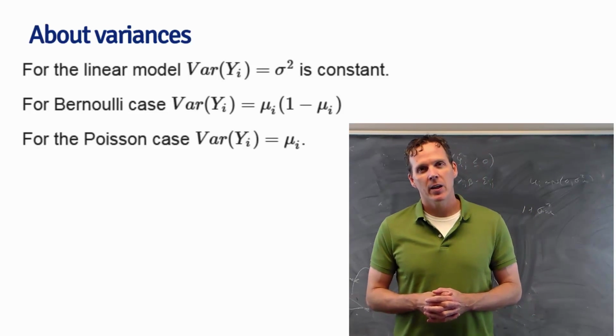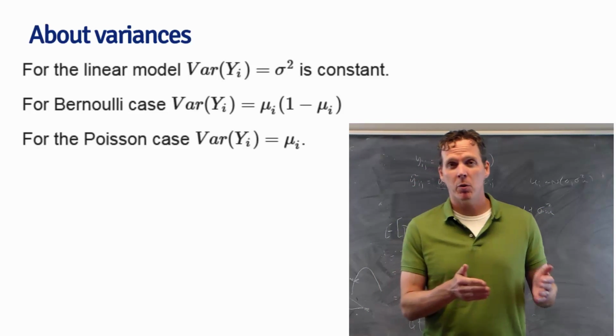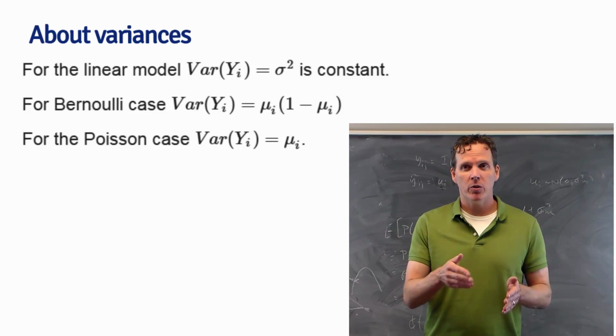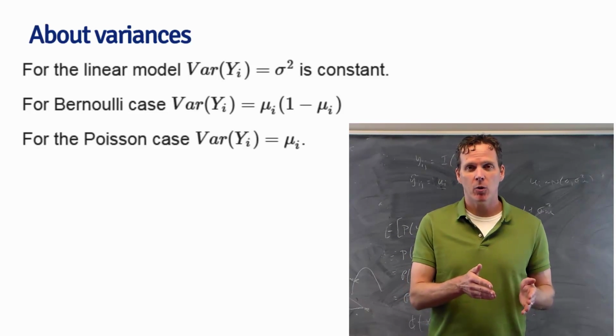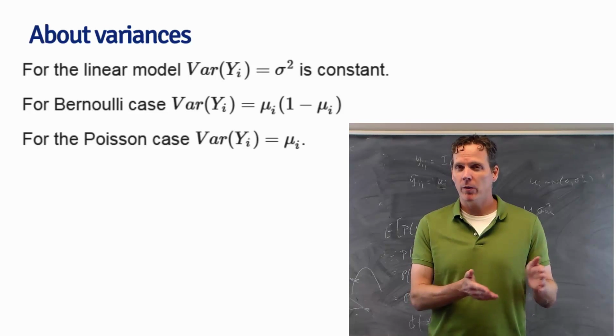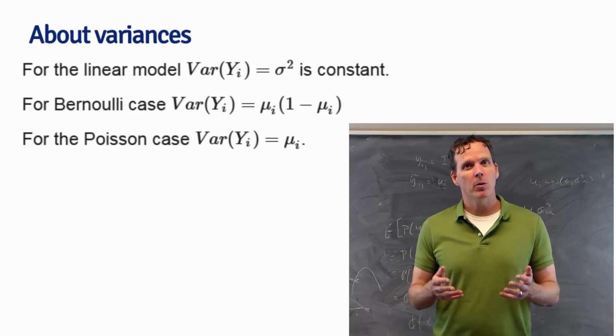So in this case the Poisson has a variance that differs by i. Now this is a modeling assumption that you can check, right? If you have several Poisson observations at the same level of covariates, so the mean should be the same, then the variance of those should be roughly equal to the mean, and if your data doesn't exhibit that, then that's a problem.